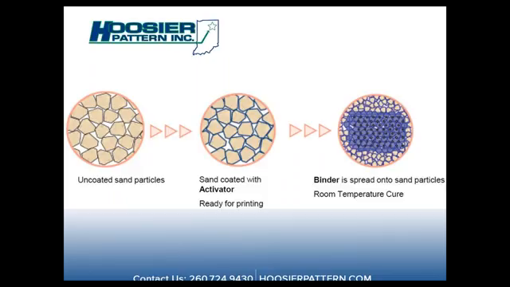Okay, on a smaller scale, this is how it works. You have uncoated sand particles. You put an activator onto them. It's ready for printing. Then the binder is applied, and it adheres the group of sand particles together on that layer and to the layer below.